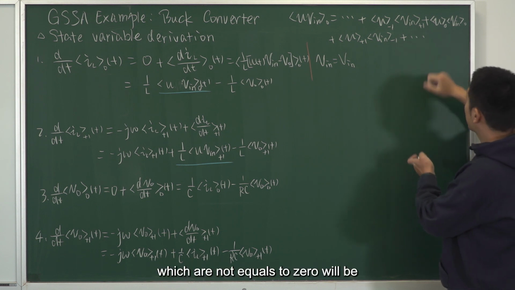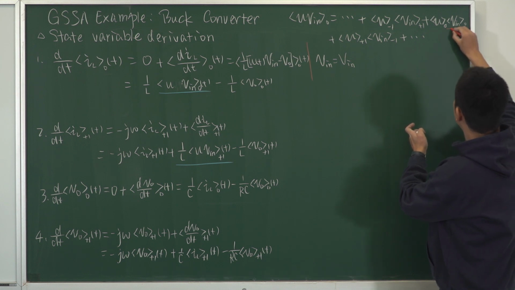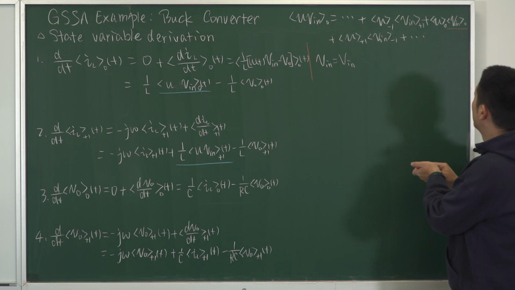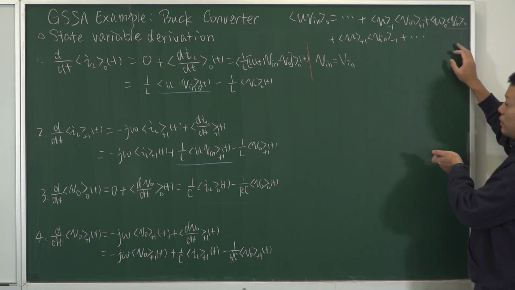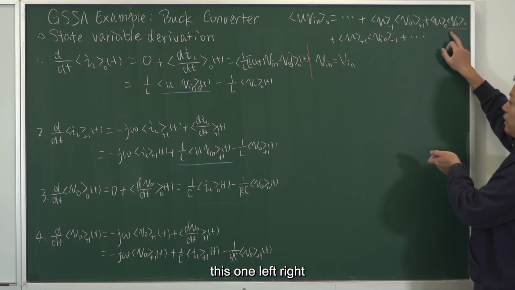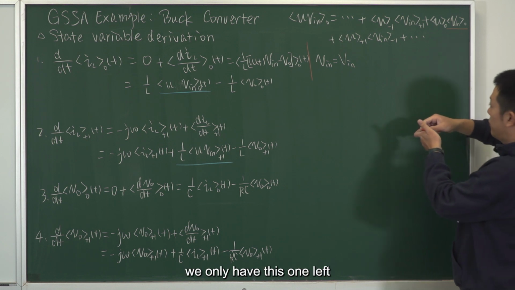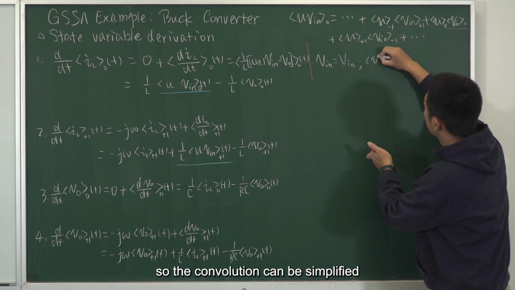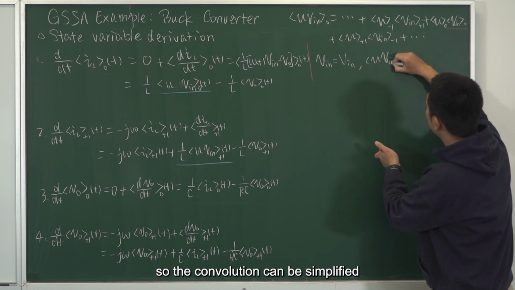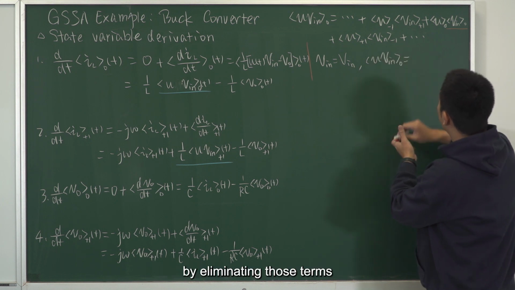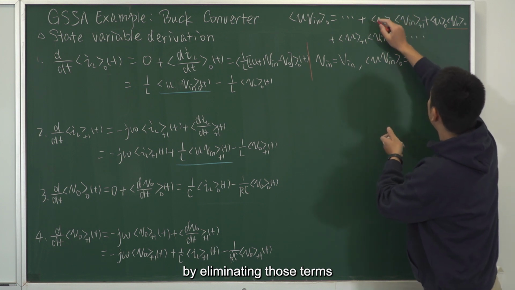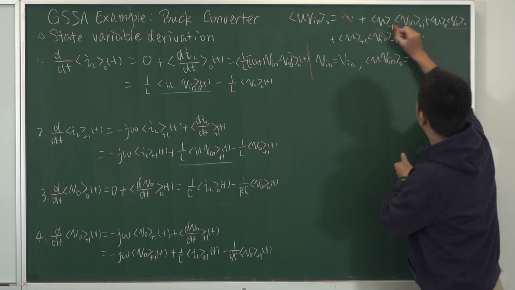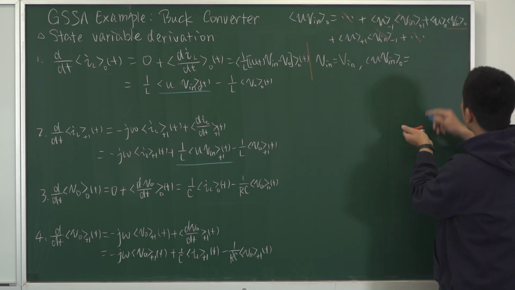The only part which is not equal to 0 will be V in k equals to 0, right? So we will only have this one left. So the convolution can be simplified by eliminating those terms and only keeping this one.